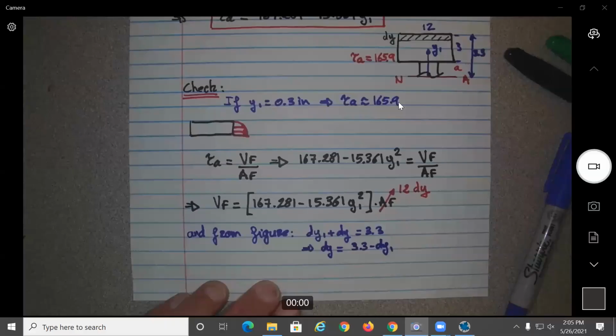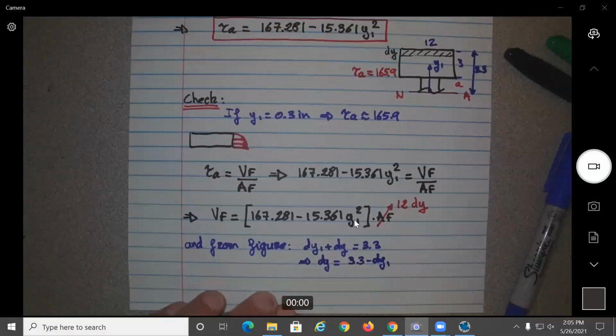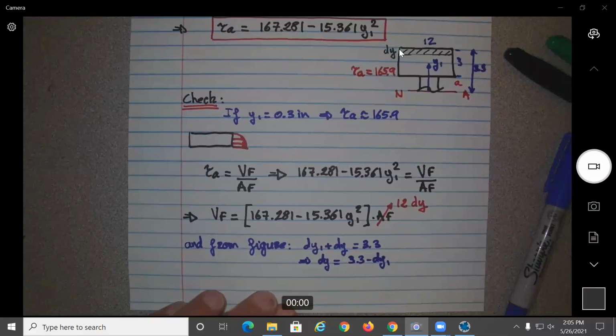Okay, guys, so here now the dy is that distance, but since this is in function of y sub 1, I'm trying to write this distance in function of y sub 1. So basically this dy will be equal to 3.3 minus dy sub 1.